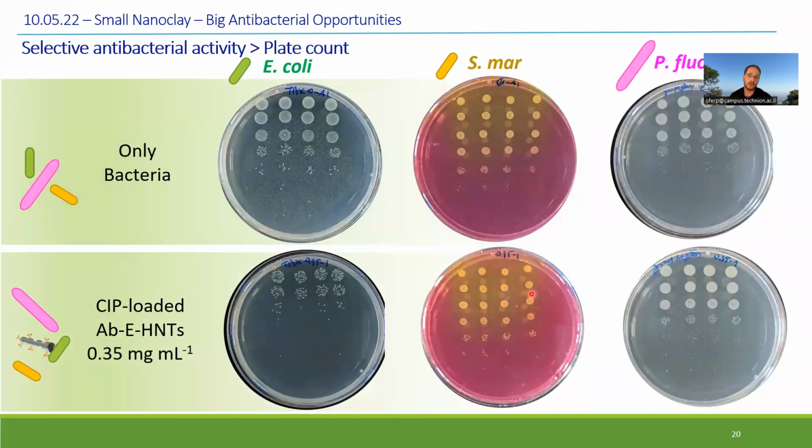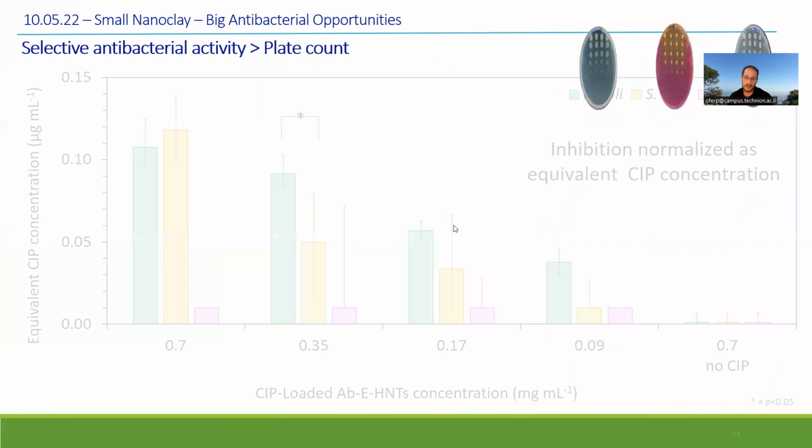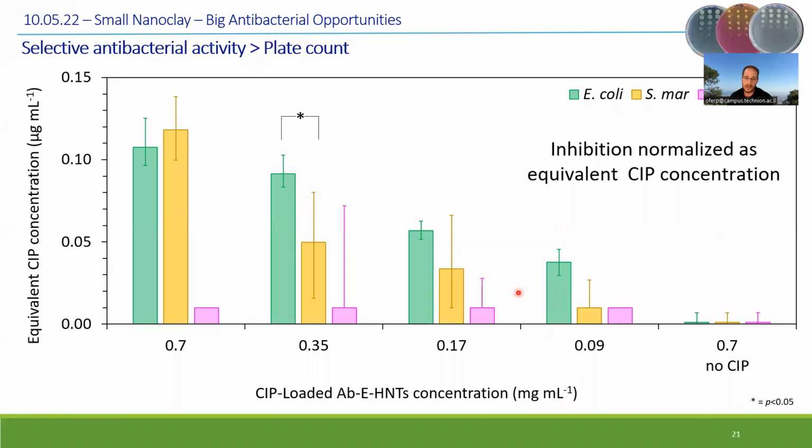However, it is very important to note that each bacteria has its own intrinsic susceptibility to ciprofloxacin, and therefore the results have to be normalized. And here are the normalized results expressed as an equivalent ciprofloxacin concentration.